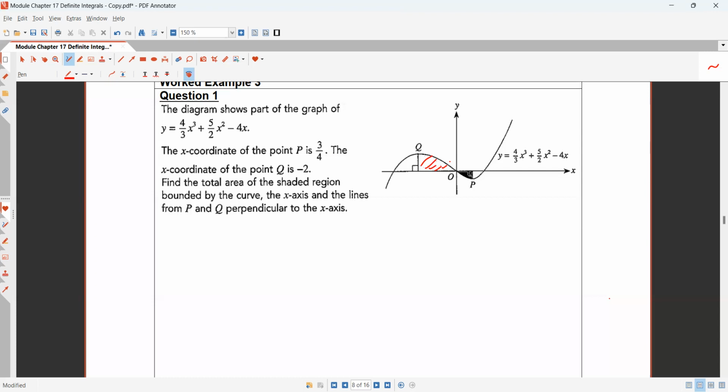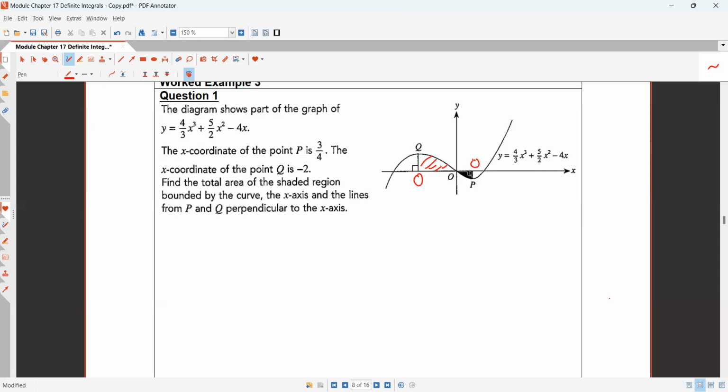Some students try to find this value and this value here and then put the limit straight away. If you do that, your answer is actually wrong, because if you don't find them separately, you are actually finding the difference between the two regions, because of the negative.